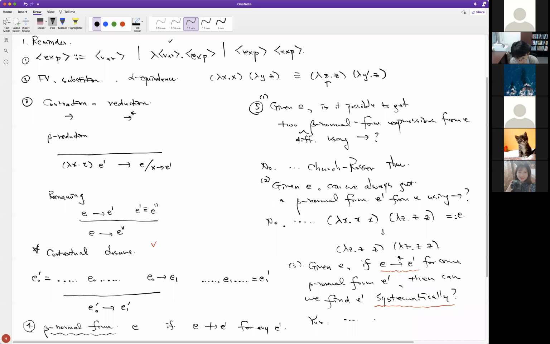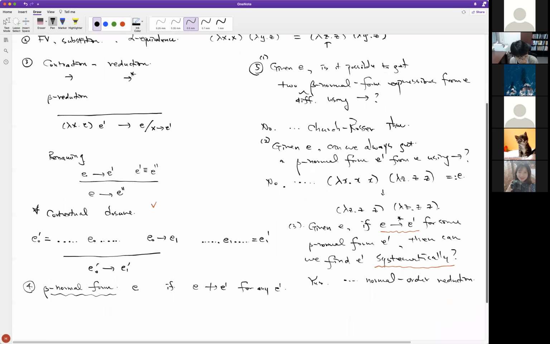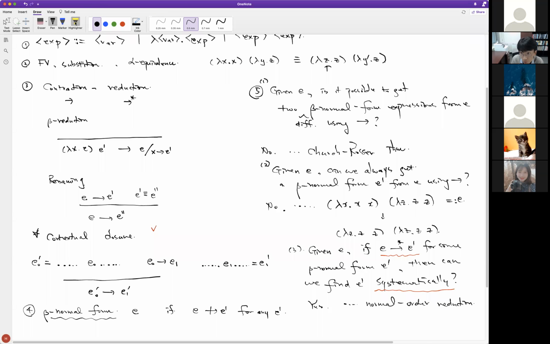That answer is something called normal order reduction. This is very much related to so-called normal order evaluation, or call-by-name evaluation, in programming languages. So what we're going to study first is the Church-Rosser theorem, and then also normal order reduction.